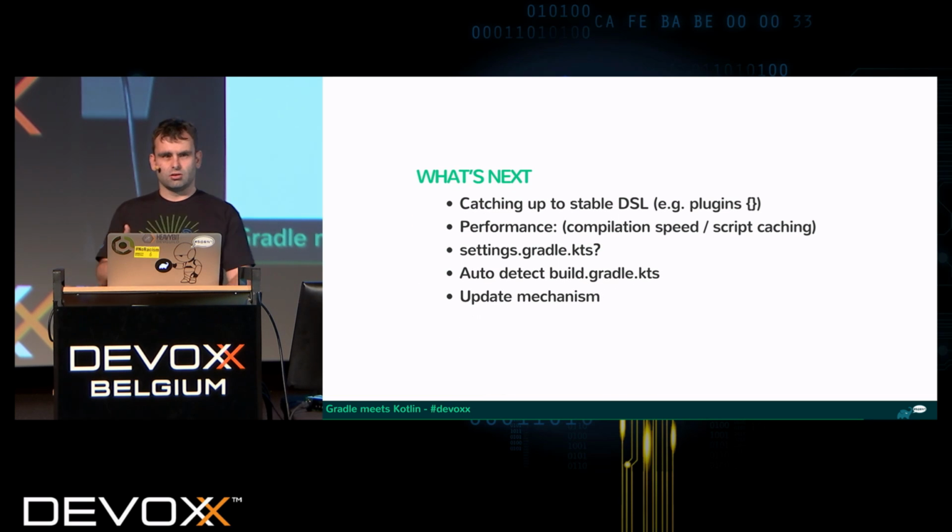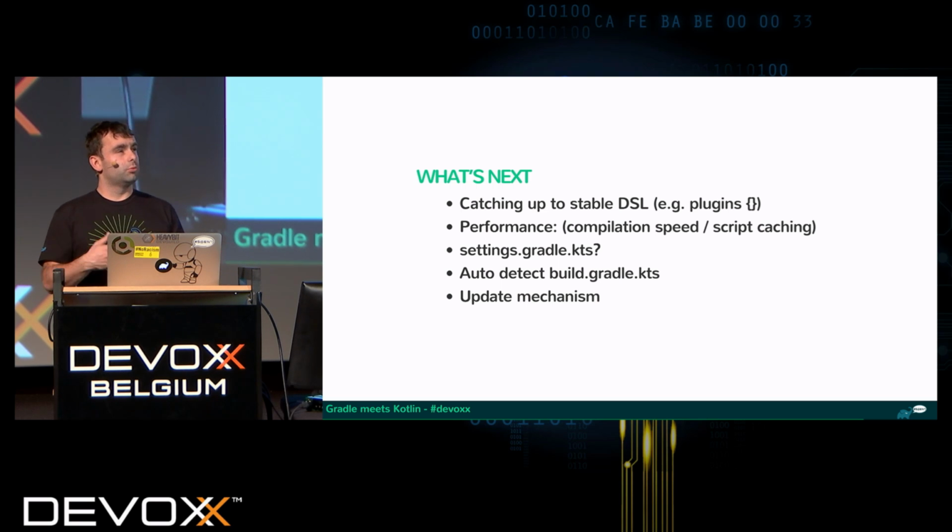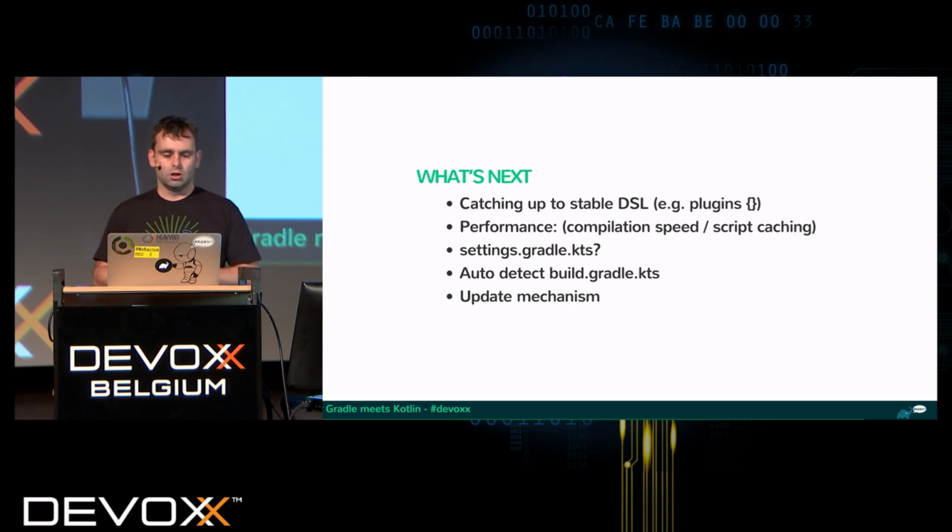So what's next? At the moment, the Kotlin support in Gradle ships with Gradle 3.2. The next Gradle release will ship with Kotlin support 0.3.2, I think. We want to come to a version 1.0 by the end of the year, or really early next year, to be on par with the Groovy support.